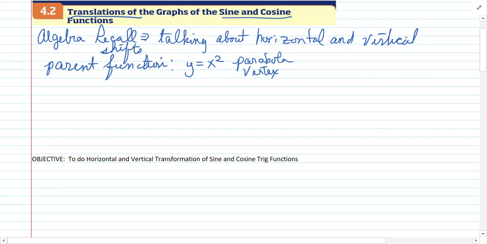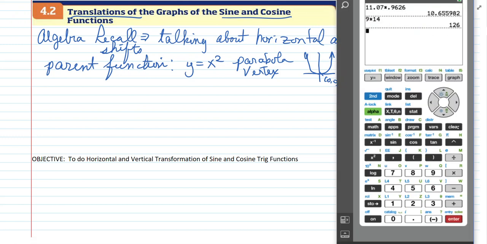And that's mainly what we know. It looks like this, where the vertex is 0, 0, and it's also the x and y intercepts. So we're going to use our calculator. Don't worry if you don't know anything, because we're just going to follow along.